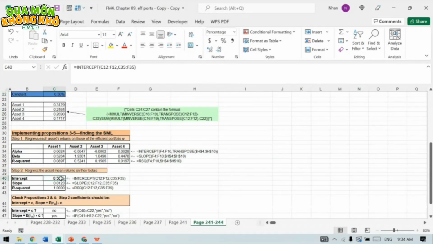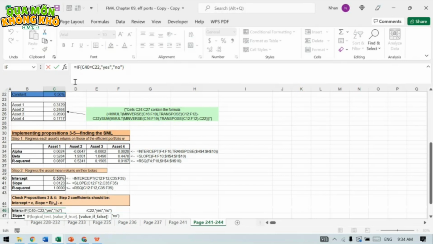Can you show us the IF function in cell C46? Yes, let's see. C40 equals C22, so the logic here is if C40 equals C22, that is a yes, and if the difference, a no. That's correct.